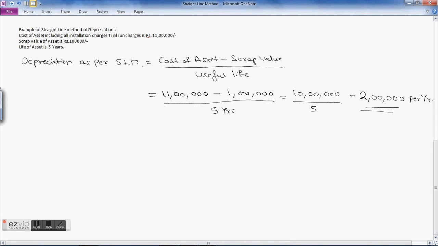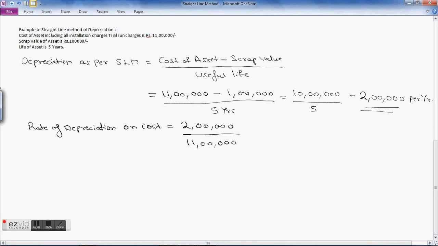Now if we want to calculate the rate of depreciation on cost, since this is also known as the original cost method of depreciation, on cost. So 2 lakh per year is the depreciation that we will be charging, divided by the cost of the asset, 11 lakh.